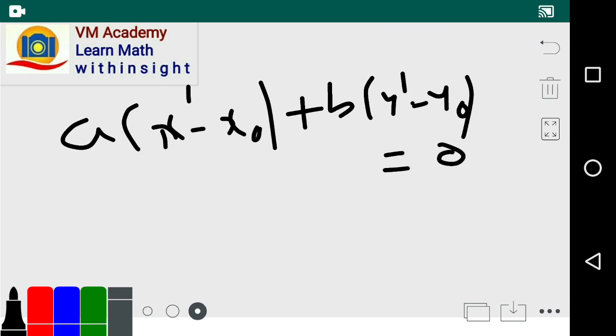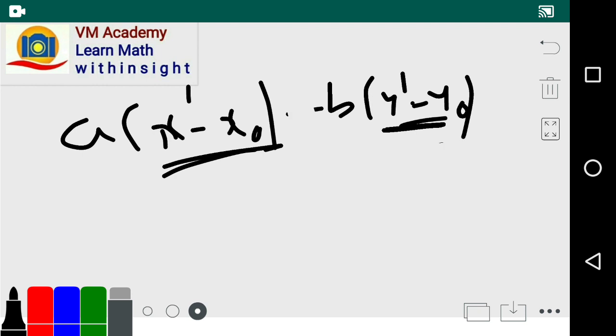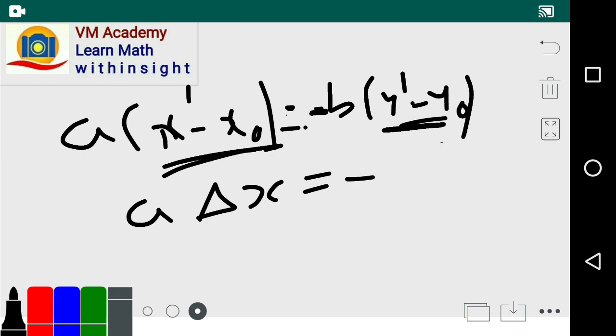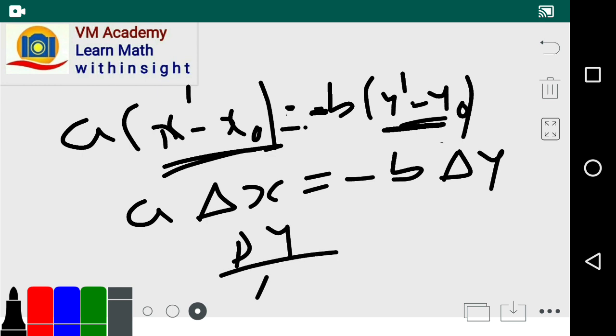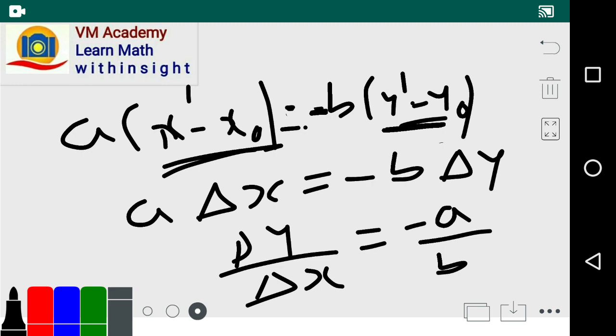And rearranging this, if we call this delta y and this delta x, we get a delta x equal to minus b into delta y, and that is delta y by delta x equal to minus a over b.